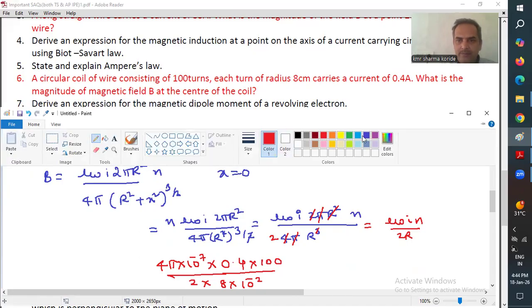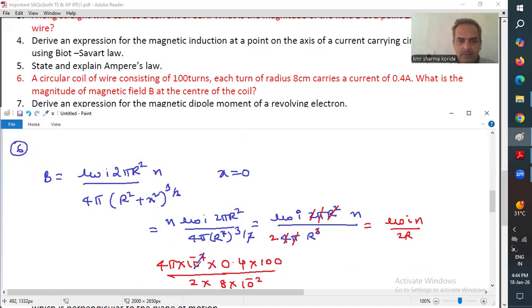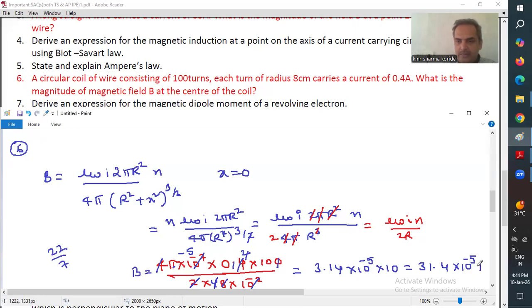Now cancelling, this is going to be minus 5, this is going to be 4, two 2s, two 4s. Finally, taking pi as 3.14, we get 3.14 into 10 to the power of minus 5, and with the extra 10, this is 31.4 into 10 to the power of minus 5. The unit of magnetic field is Tesla.